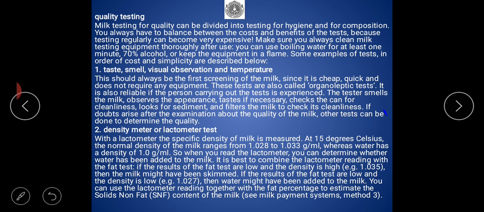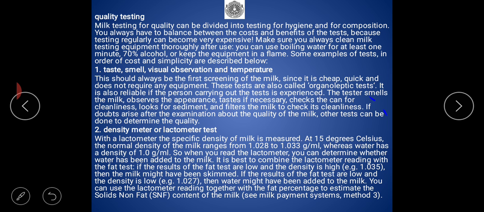If the results of the fat test are low and the density is high, then the milk might have been skimmed or it must have been mixed or contaminated. If the results of the fat test are low and the density is low, then water might have been added to the milk.